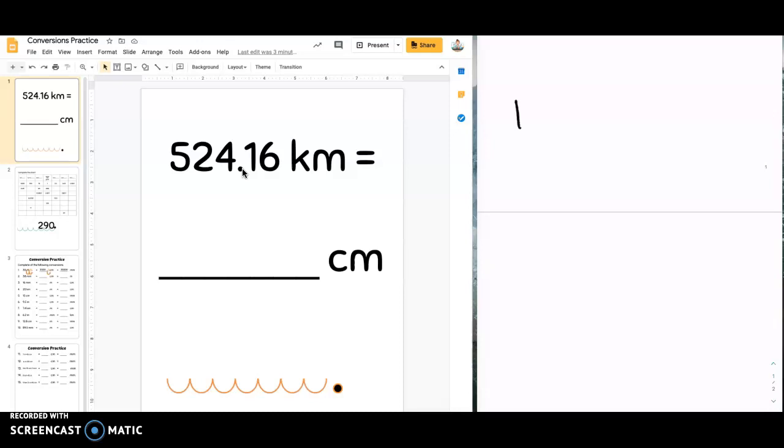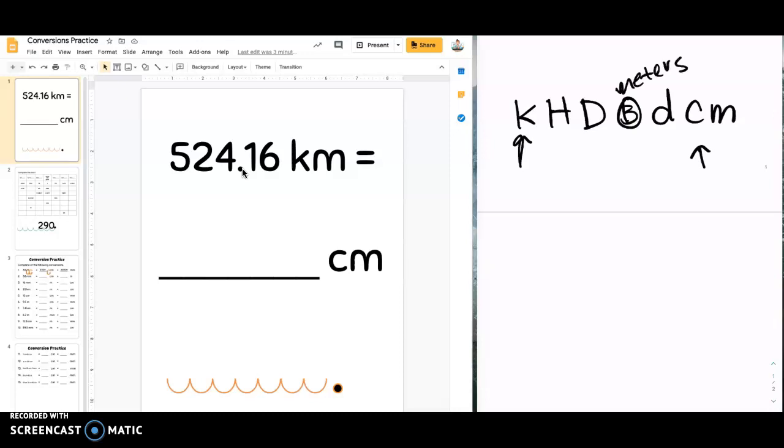So I'm going to start kilo, hecto, deca, and then my base, deci, centi, milli, and I'm trying to get from kilometers to centimeters, because my base unit is in meters. Okay, so I'm going to put my decimal in, and I'm going to go kilo, hecto, deca, base, deci, centi. So I made 1, 2, 3, 4, 5 jumps.